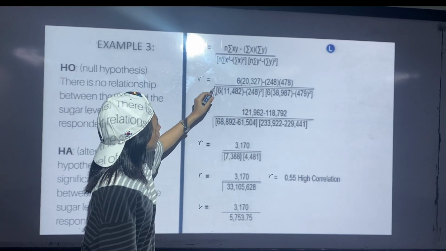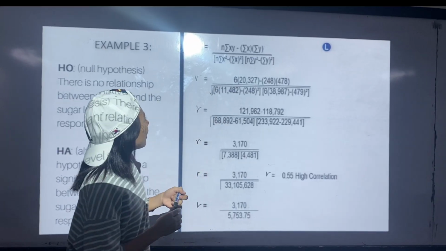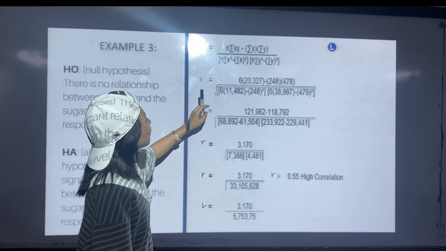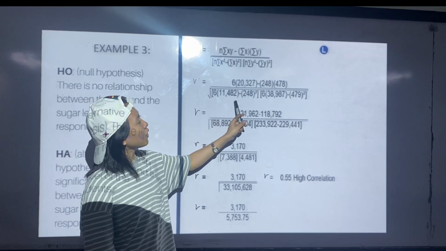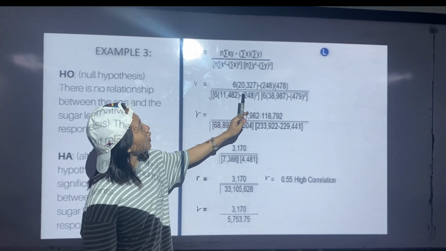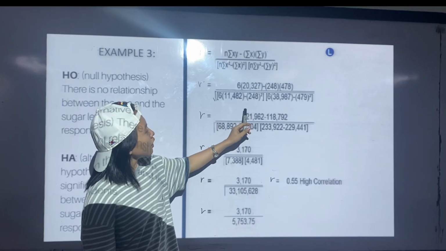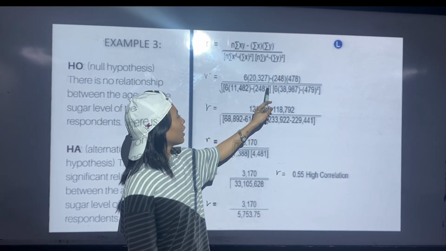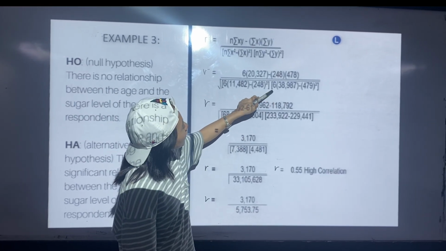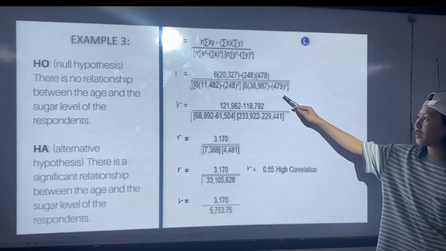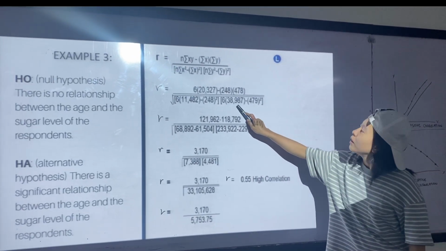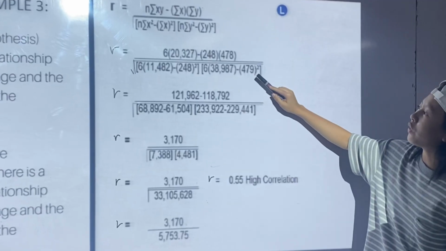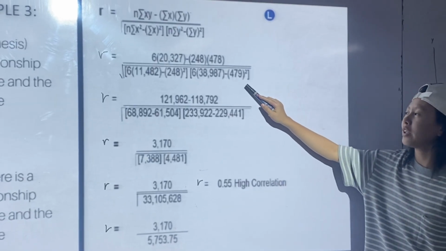Then, square root: our N is 6, and the value of X squared is 11,482 minus the sum of X, that is 248, then squared. And our N is 6, and the value of Y squared is 38987, then subtract the sum of Y, that is 479, then squared.